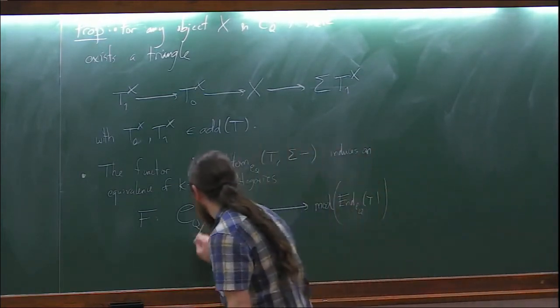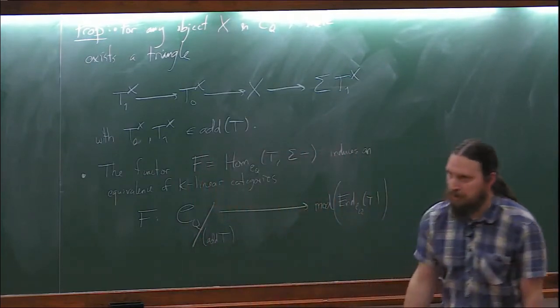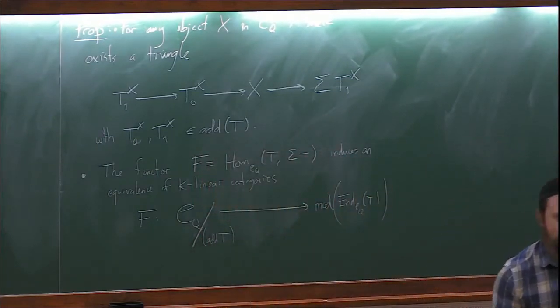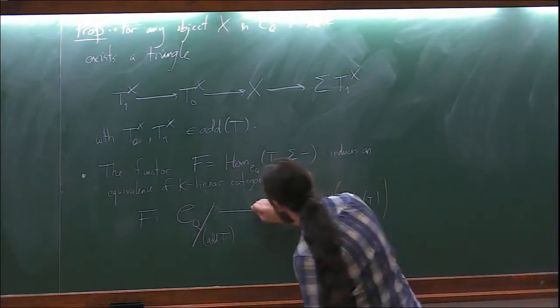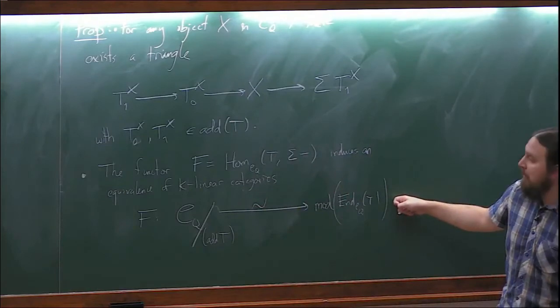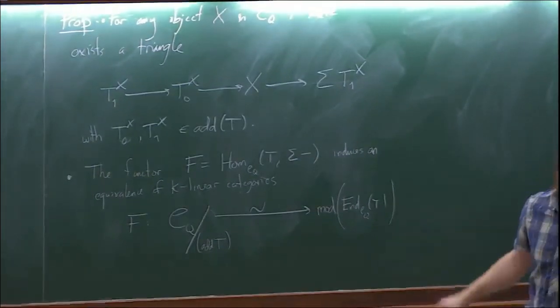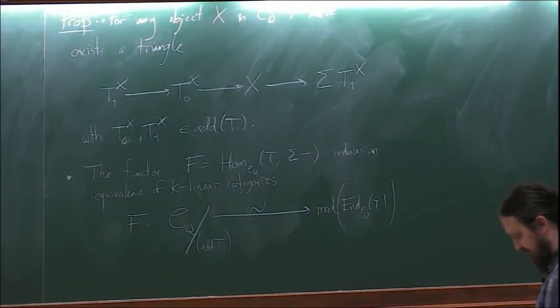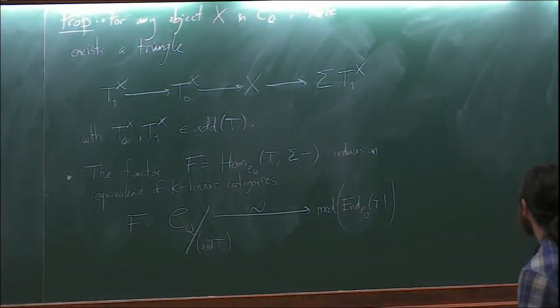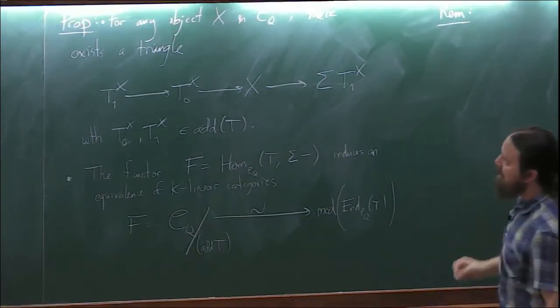So if you quotient out by the ideal of all morphisms factoring through anyone in add T, you get an equivalence. We have seen this already in the special case where T is a certain shift of the path algebra KQ. I just want to say that this is more general. Now a remark.